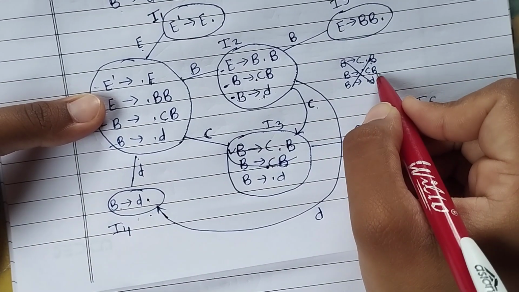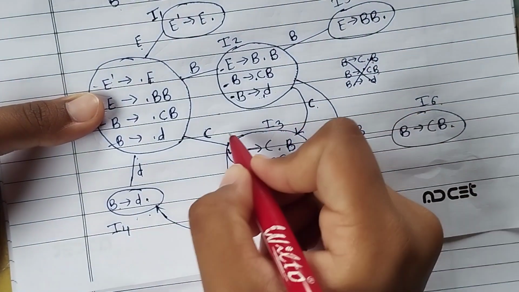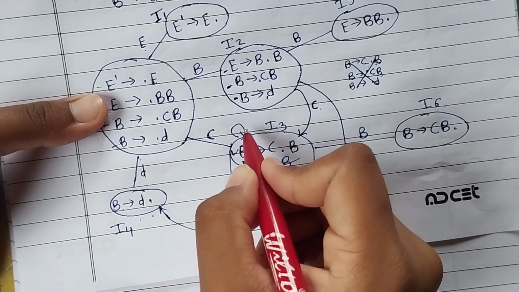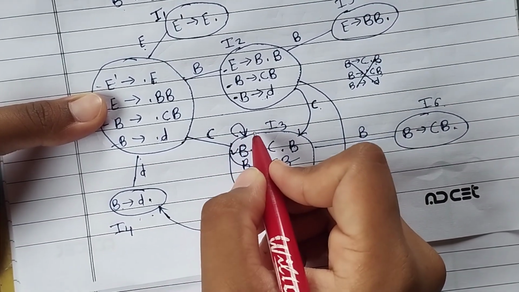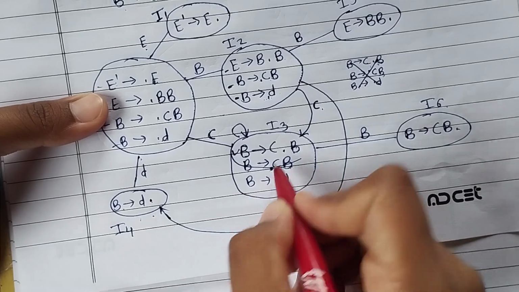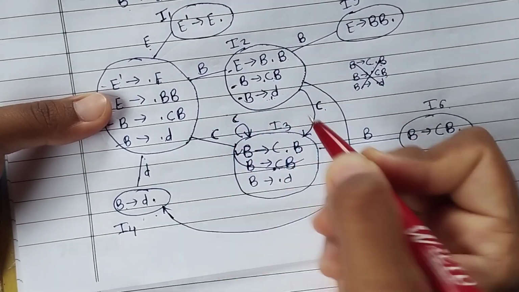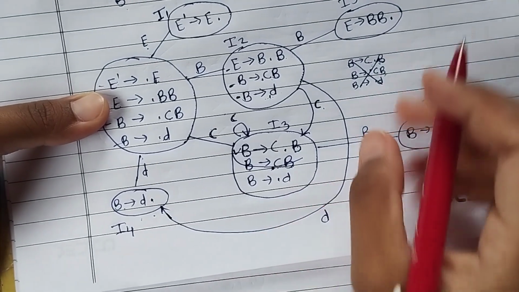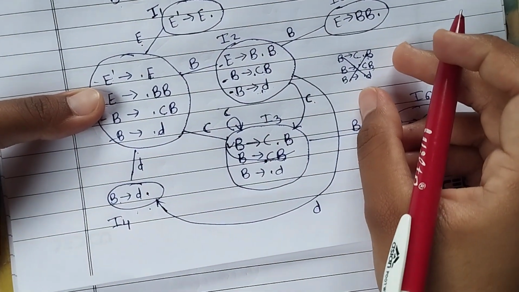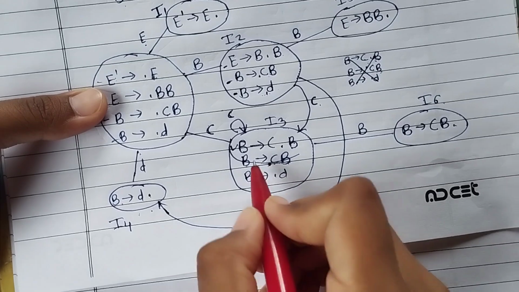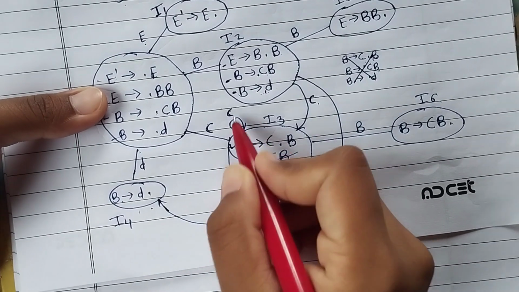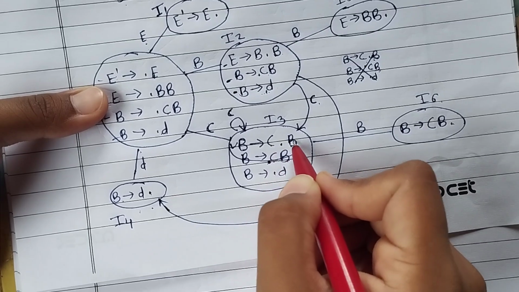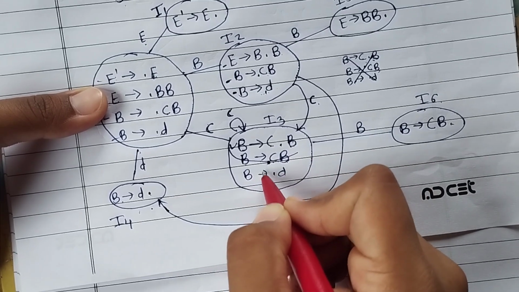We get the same condition like this, and if this is the condition, then we follow the loop here itself. So no need to write any extra state, because if we change this dot with respect to the opening bracket, we get the opening bracket dot B, then all the grammar of B we write below.